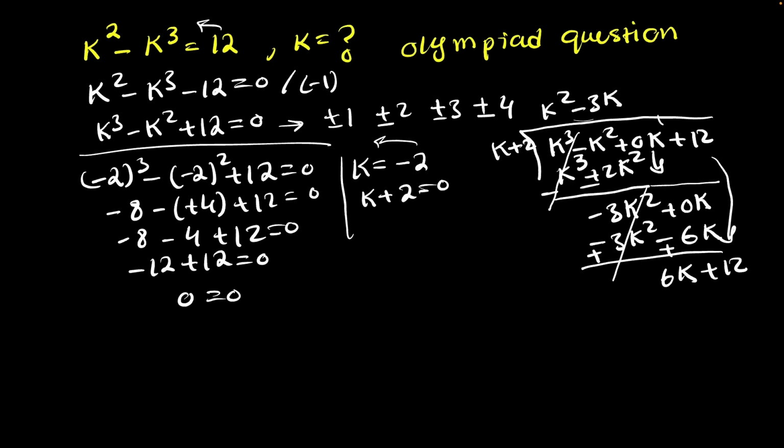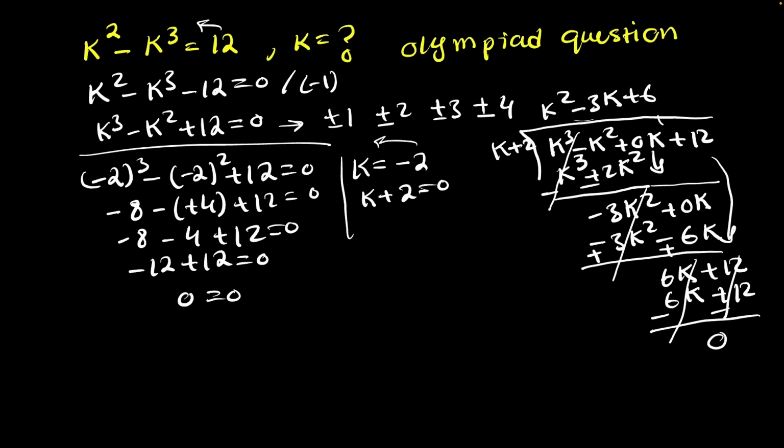Then do the same steps. 6k divided by k becomes 6, and then 6 times k becomes 6k, and 6 times 2 is 12. Subtract these two, and the remainder becomes 0.